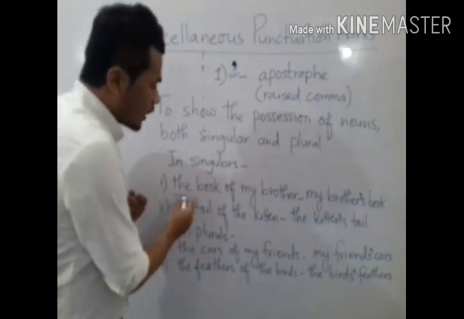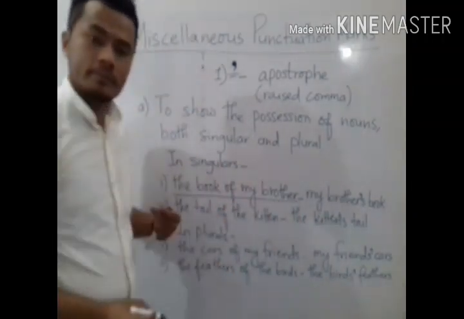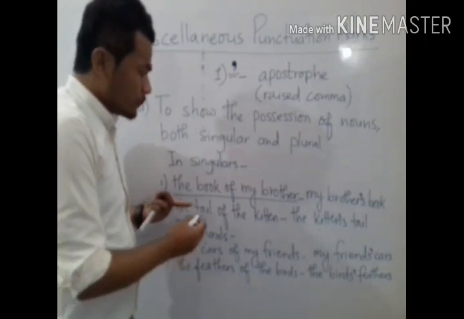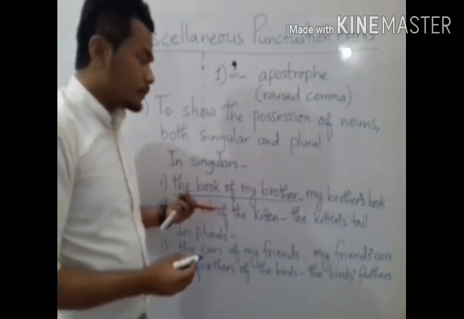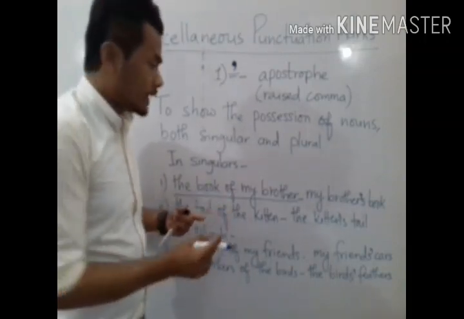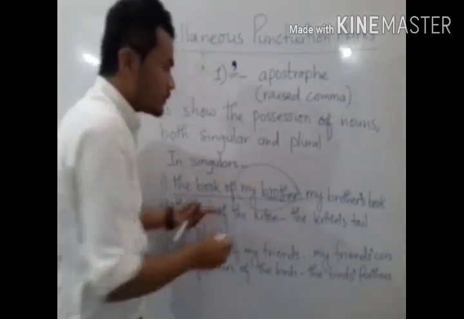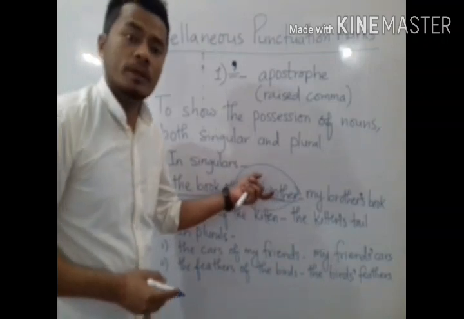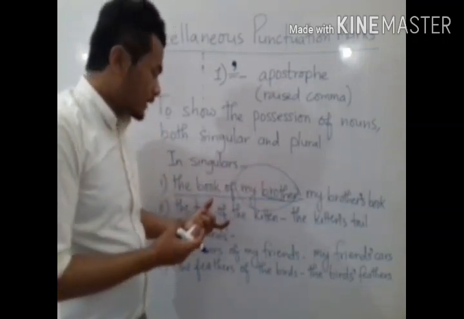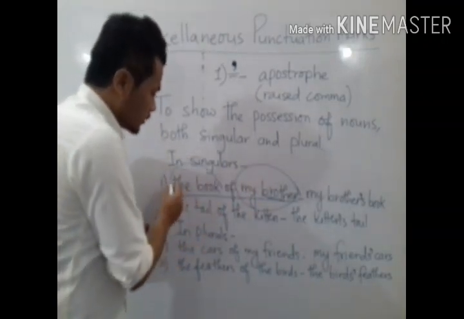See, the book of my brother, this is the phrase. So here the noun that possesses something is my brother. That means here the noun brother possesses something, that is the book.